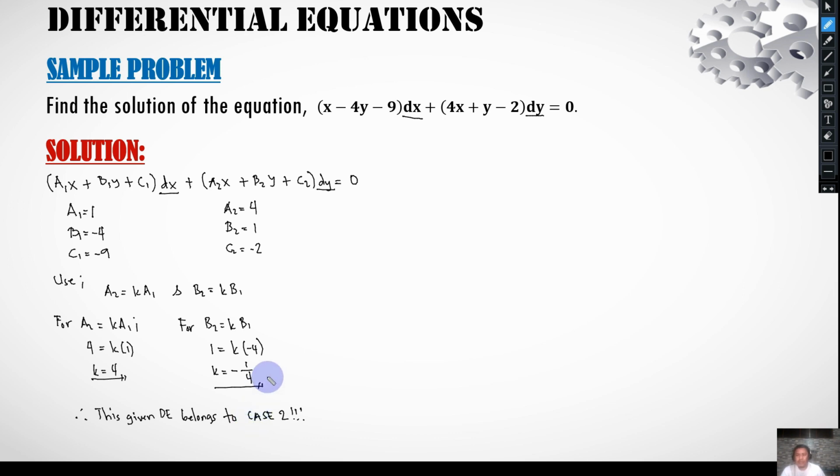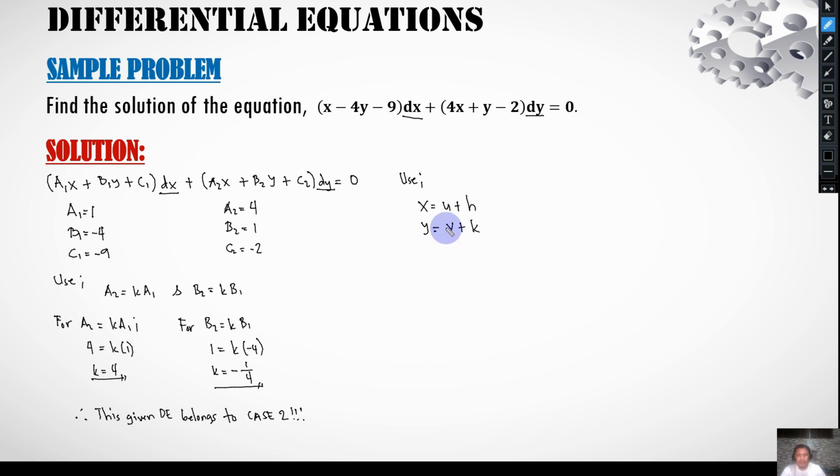So based on our case number 2, anong gagawin natin? Based on case number 2, we are going to use x, no, is equal now to u plus h, and then at saka yung y natin is just equal now to v plus your k.